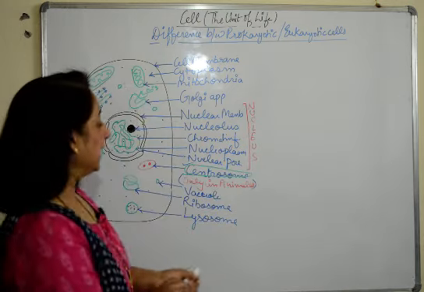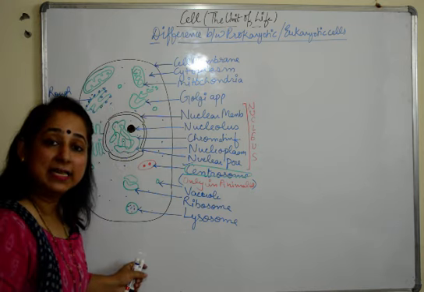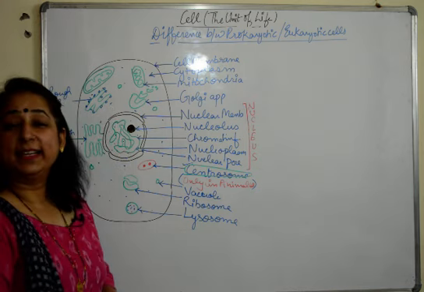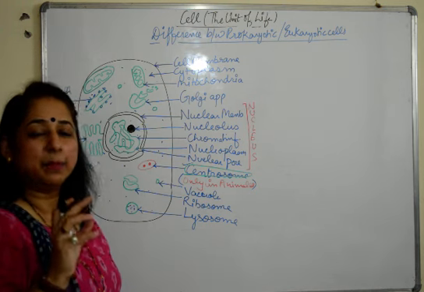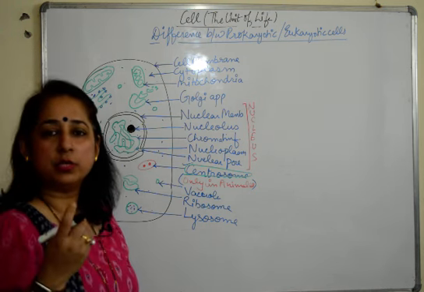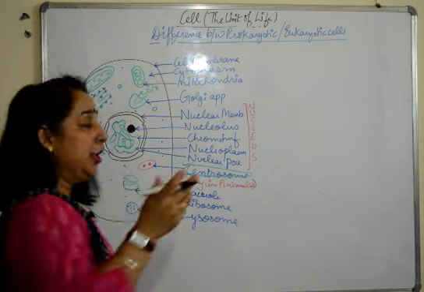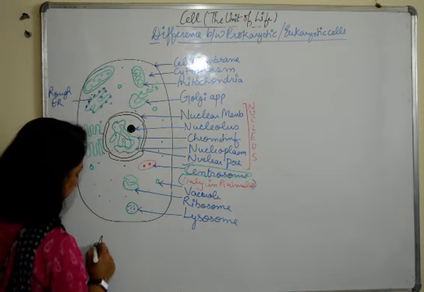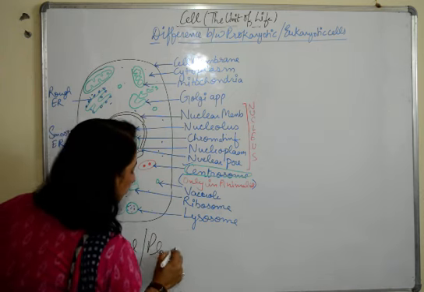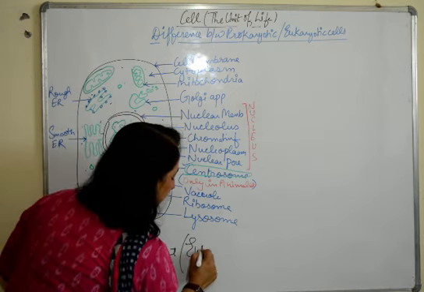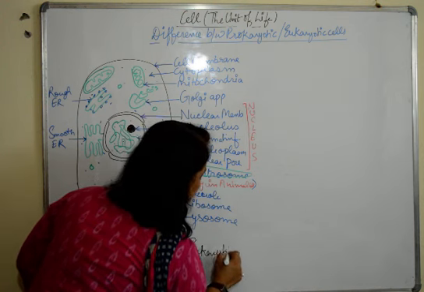Now, as you can see, the diagram of animal cell is here only. It's just to make things clearer to you, because some of the children have a lot of confusion about what is in eukaryotic. Eukaryotic cells are animal and plant. Both of them are eukaryotic cells.